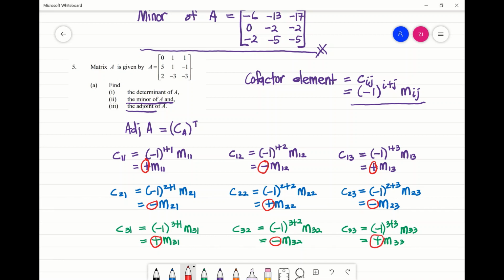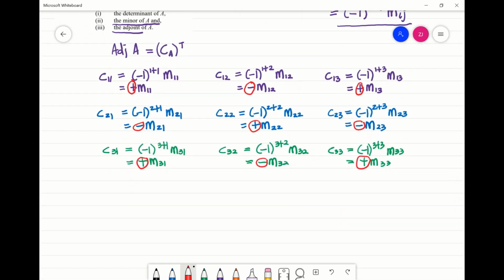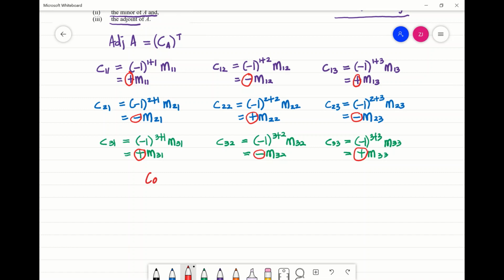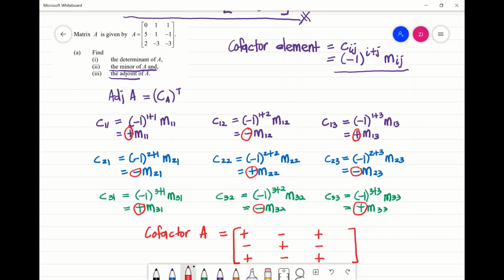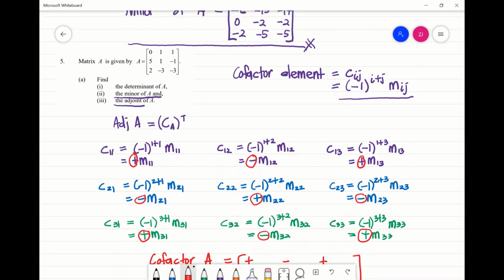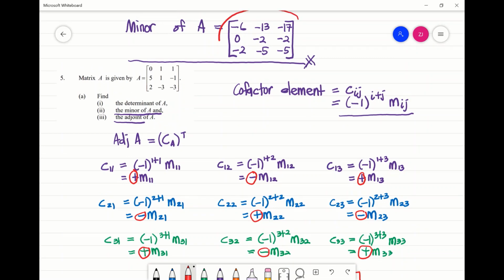So basically, the cofactor matrix is the minor matrix with the signs plus minus plus, minus plus minus, plus minus plus applied. So we bring down the minor matrix and all the elements here.